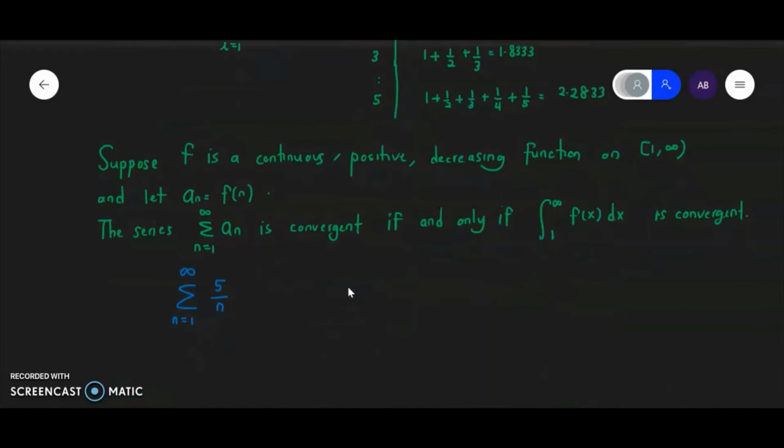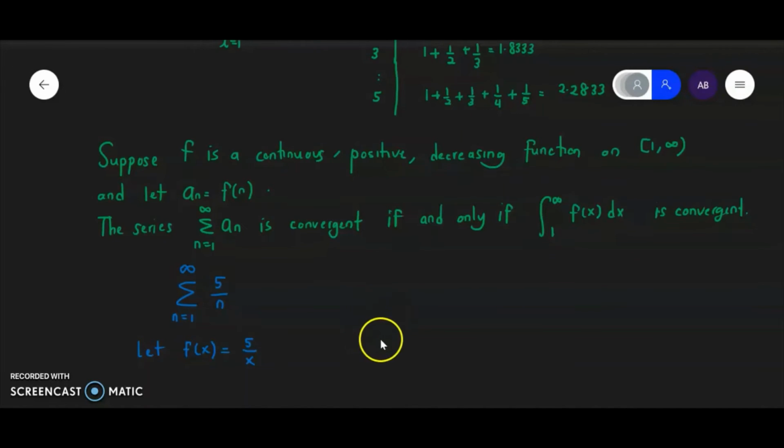By the integral test, we must make sure that f is continuous. So let f(x) equal 5 over x. Just check: is it continuous? Yes, it's continuous. It's a positive and decreasing function, correct. So I can apply the integral test.